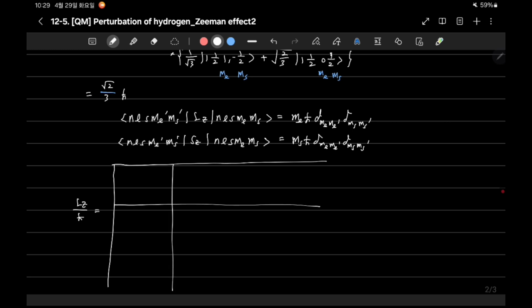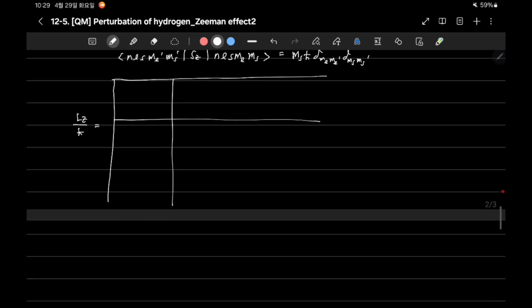In the J equal to 3/2 case, there are 4 kinds: 3/2, 1/2, minus 1/2, minus 3/2. And if it is the 1/2 case, there are 2 possibilities: 1/2 and minus 1/2.